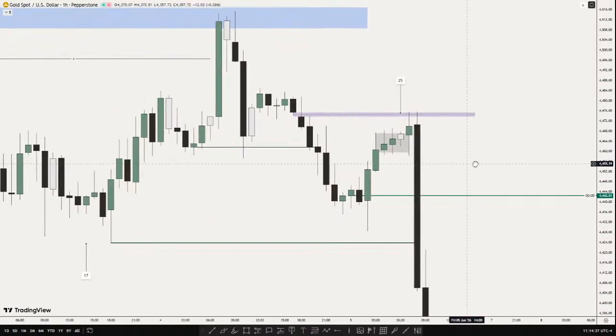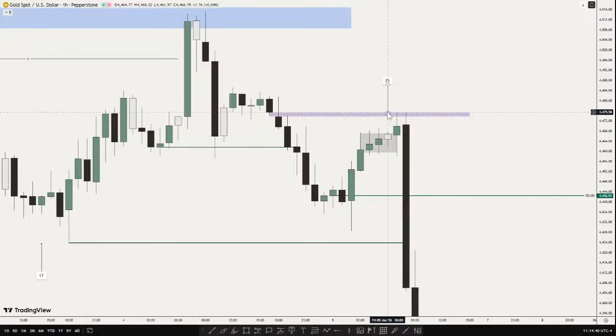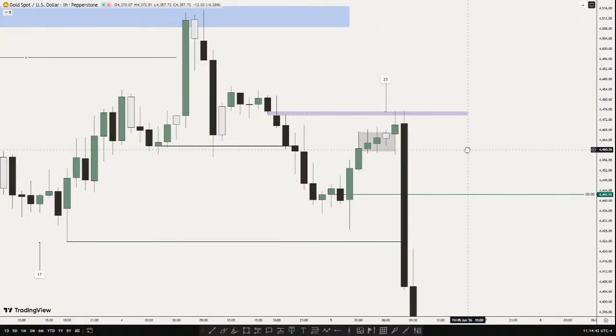And I believe that if we look at the 1 hour time frame, we also had the time alignment here. 1, 2, 3, 4, 5, 6. No, I think it was from here maybe. 1, 2, 3, 4, 5, 6, 7, 8, 9, 10, 11, 12, 13, 14, and then 15. Yeah, so 15 is here.